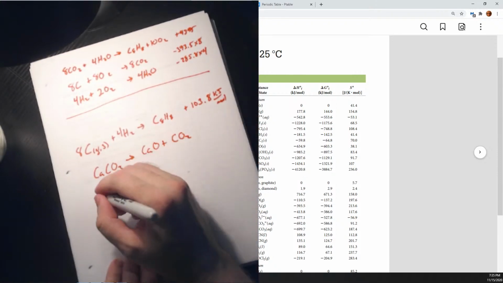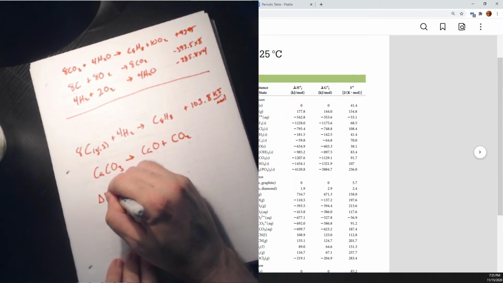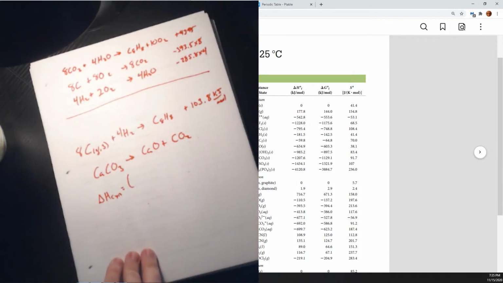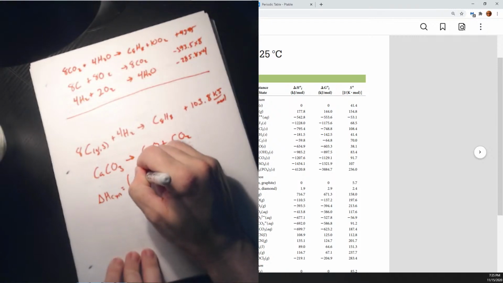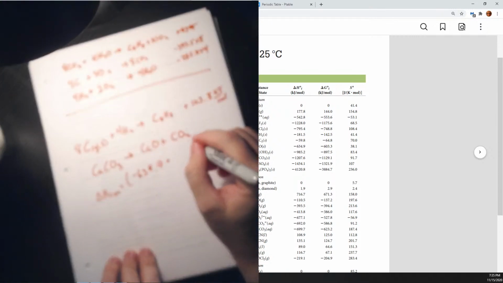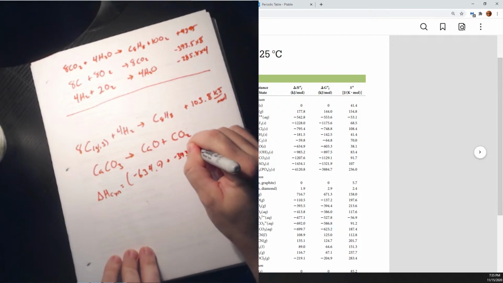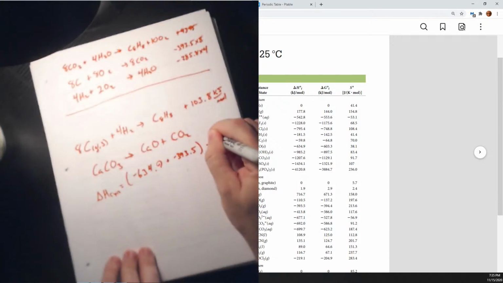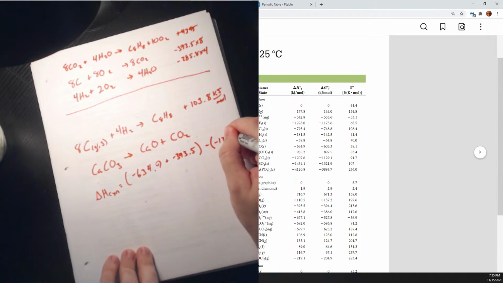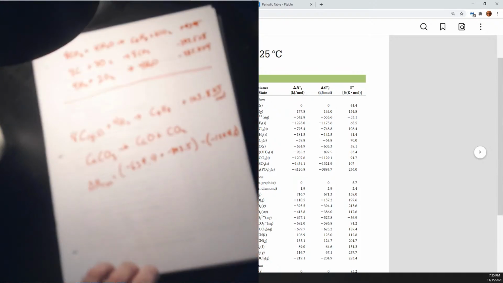It's all 1 to 1 to 1, so the enthalpy of reaction is products minus reactants. Calcium oxide is negative 634.9. CO2 is negative 393.5. And calcium carbonate is negative 1207.6.